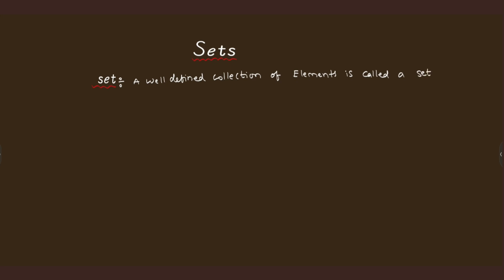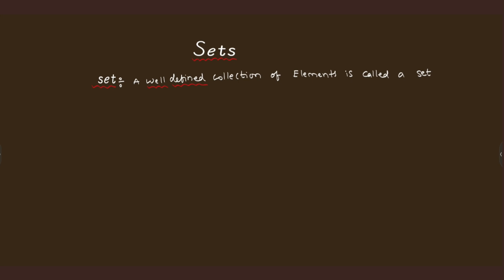Okay, but we have to know what is well-defined. Collection means all the elements together if you take, that is a collection, but every collection is not a set. A well-defined collection of elements is a set.